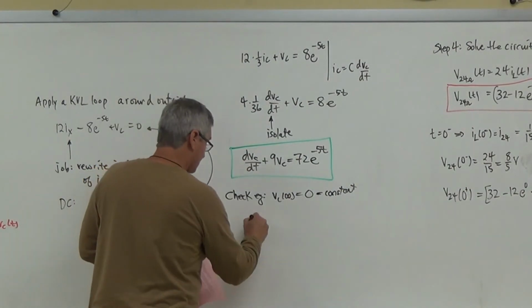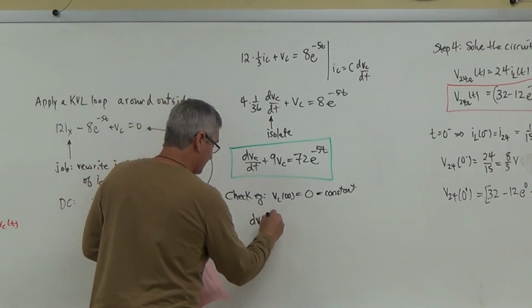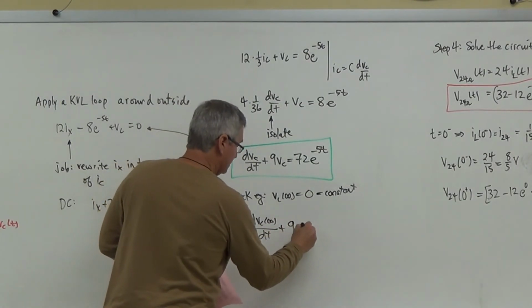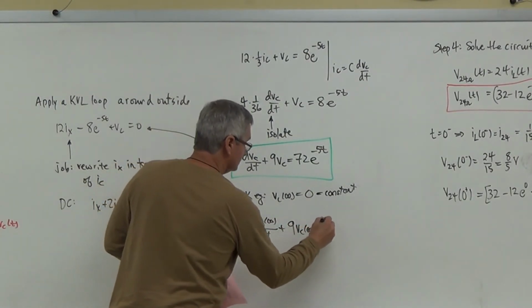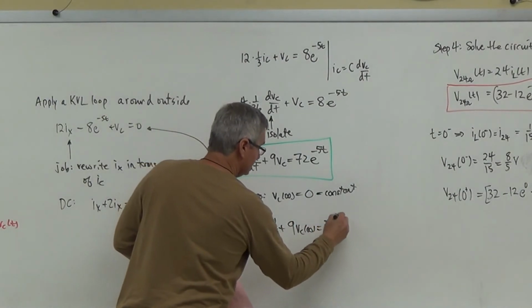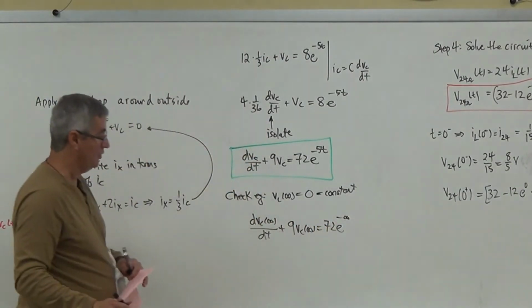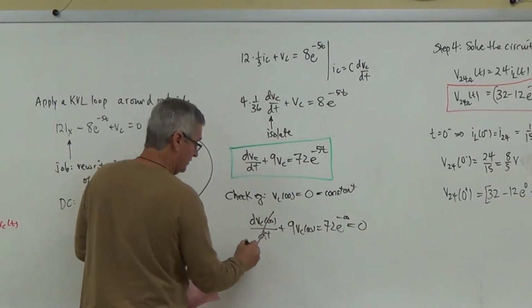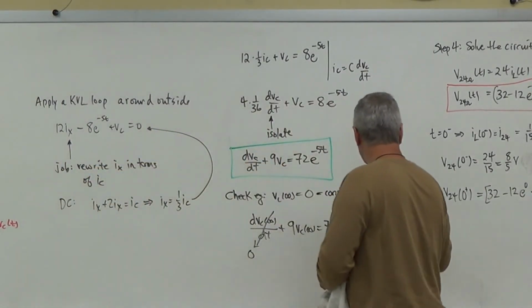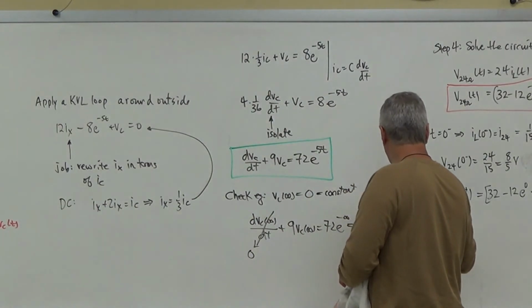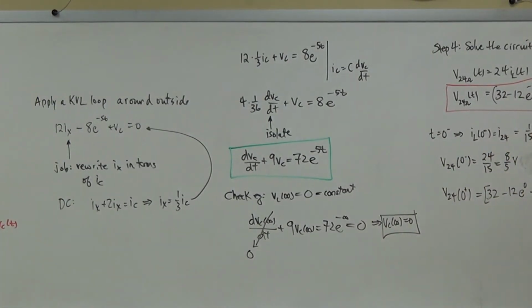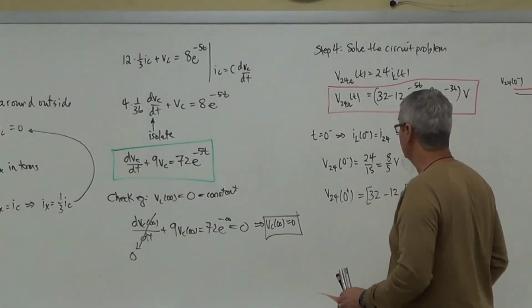So I'm going to write dVc at infinity dt plus 9Vc at infinity equals 72 times e to the minus infinity, which is, of course, 0. That goes to 0. So this immediately tells me that Vc at infinity should be 0, which is exactly what we expected. So I'm checking as I go through this here.